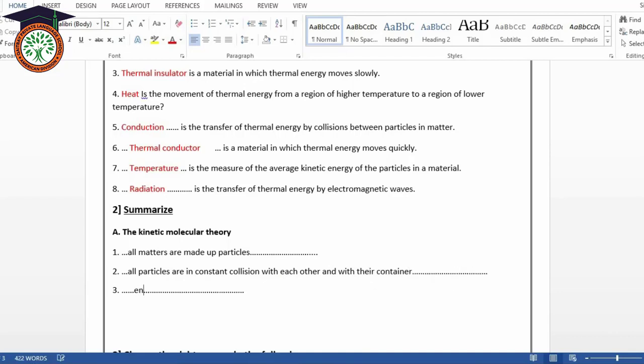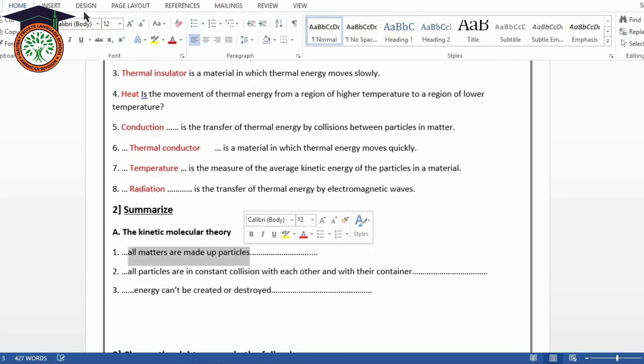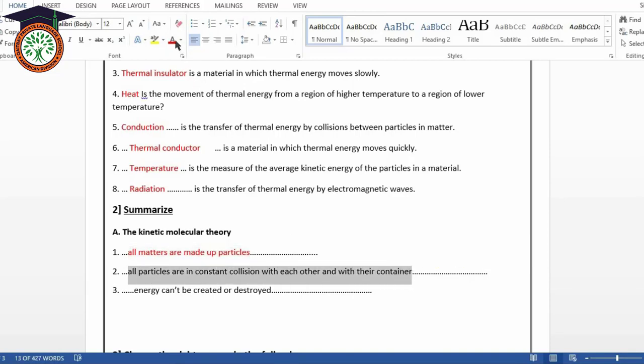And number 3, we said that energy cannot be, yes, created or destroyed. Excellent. So these are the postulates of this particle theory, molecular theory.